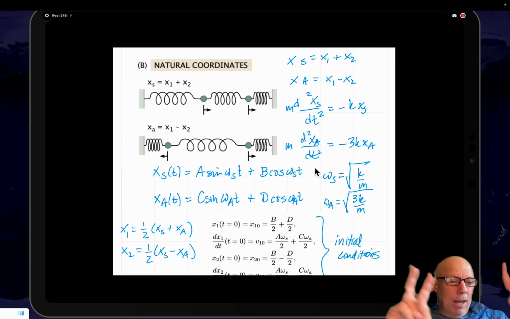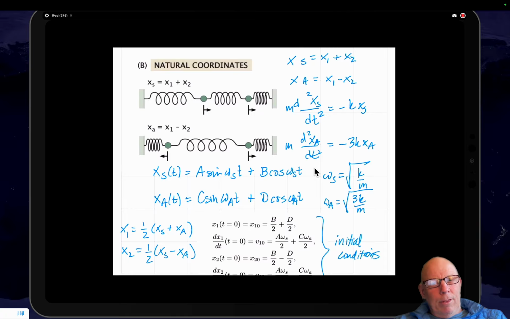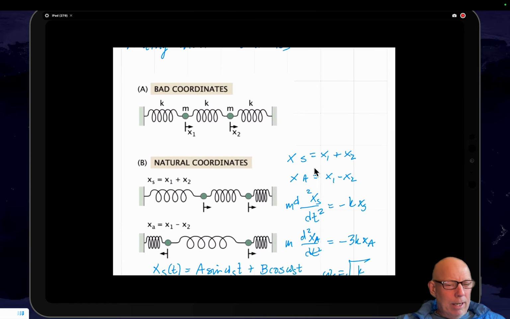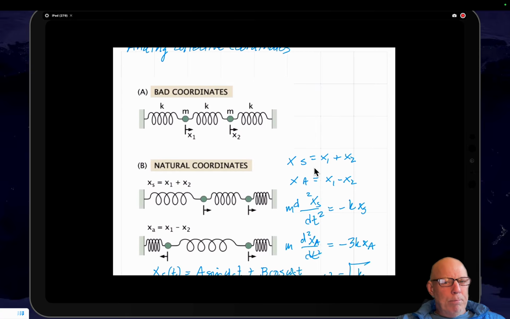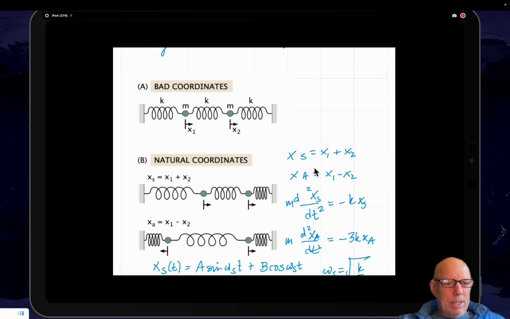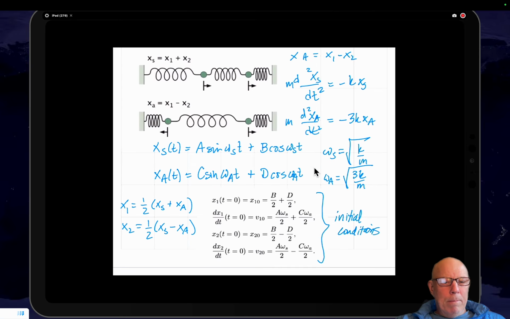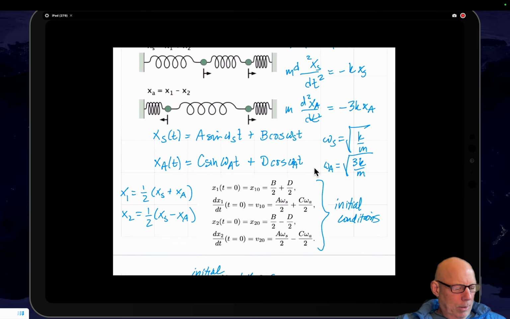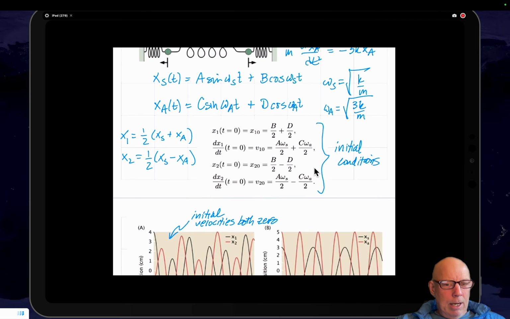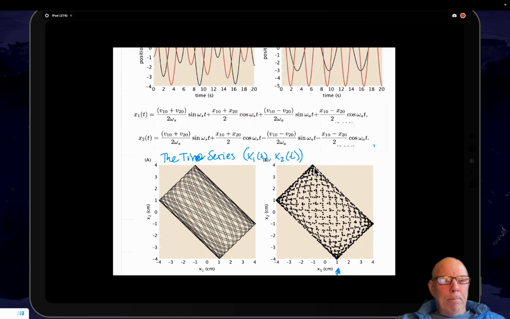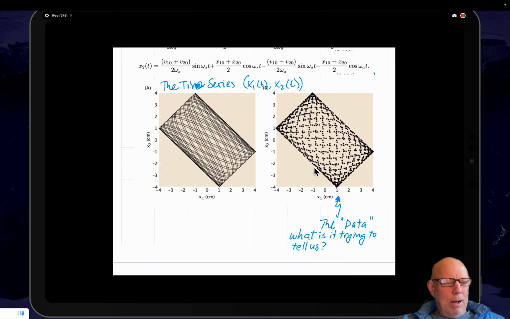So that's the natural variables for this problem. Then if I want, I can go back into the original coordinate system and find out what the motions are of the pure x1s and x2s, if that's what I want to measure with my measuring device. Okay, so that was solution number 1 to the mechanics problem.